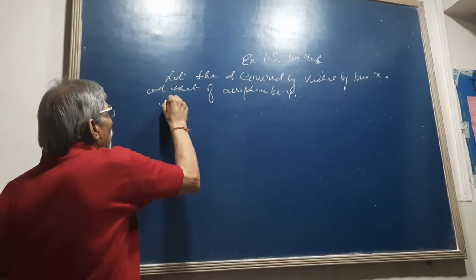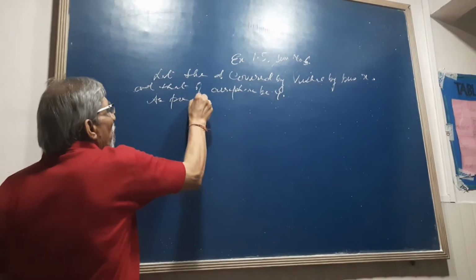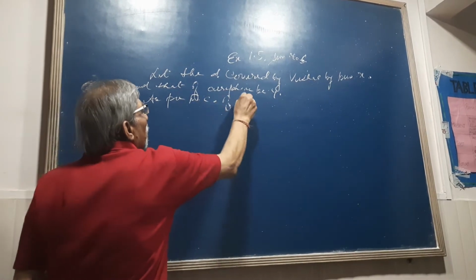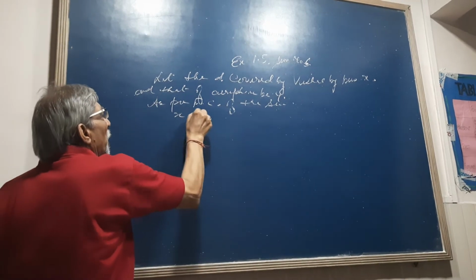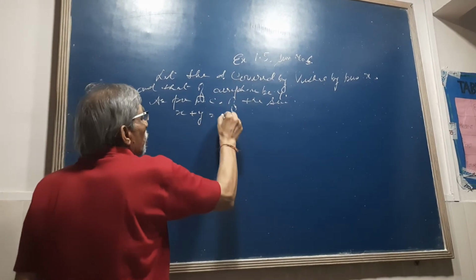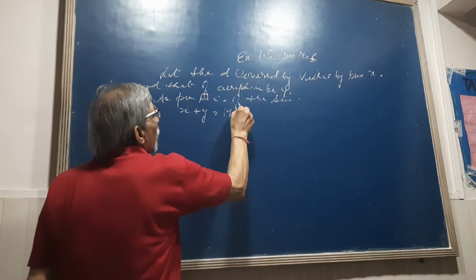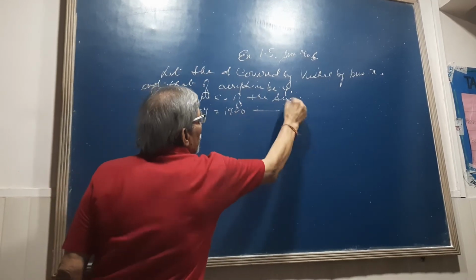So as per the first condition of the sum, X plus Y is equal to 1900. This is equation number 1.